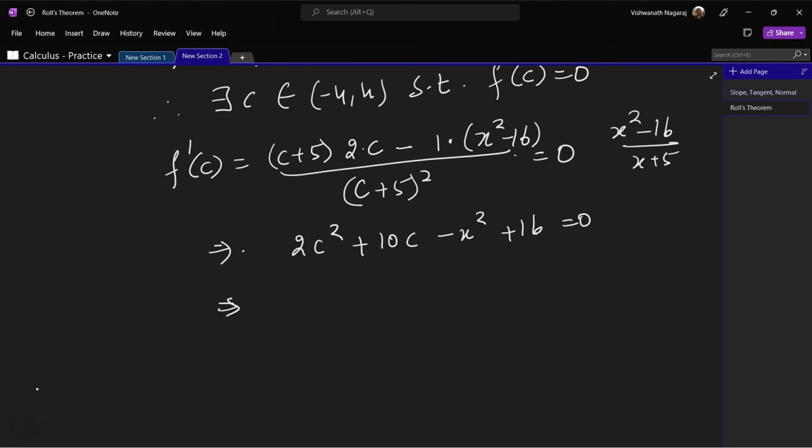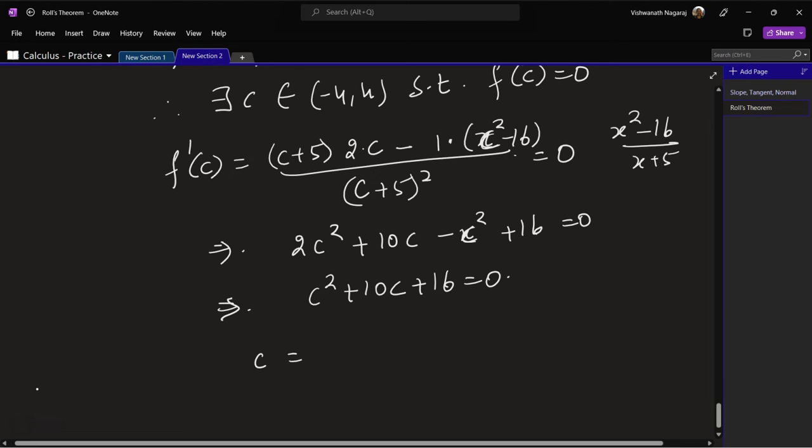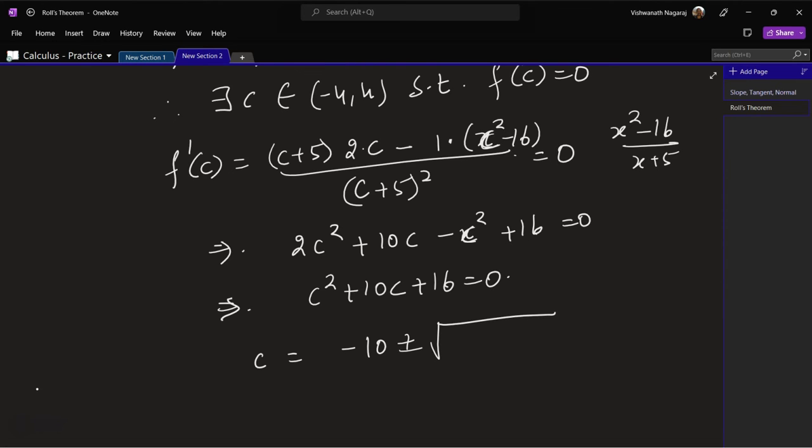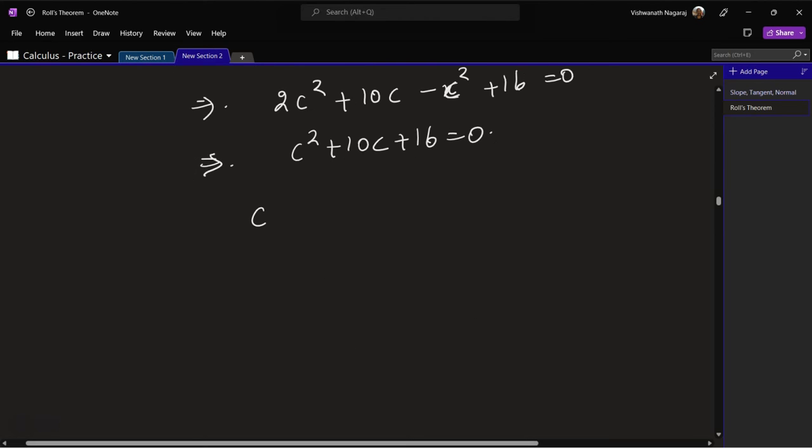Yes, which implies 2c square minus c square, all this will be c. So 2c square minus c square is c square, plus 10c plus 16 equal to 0. So c will be equal to minus b plus or minus square root of, let's solve for c.